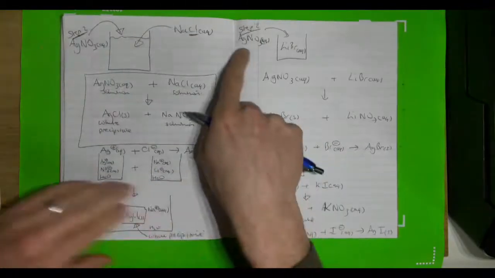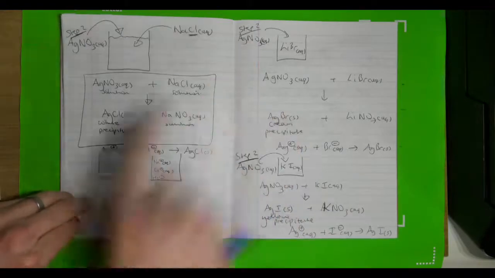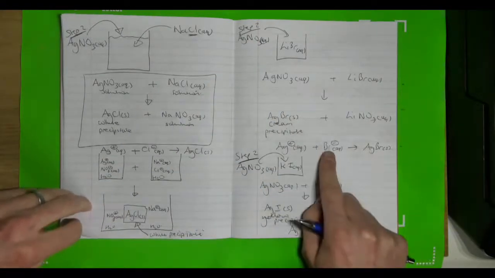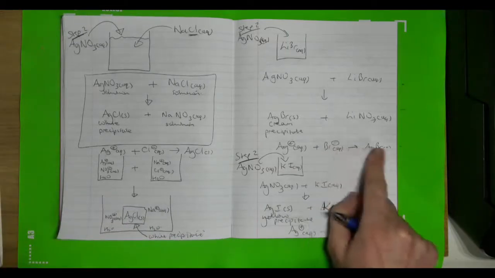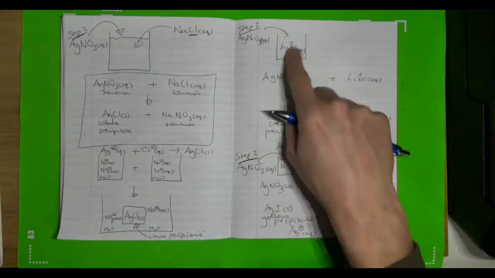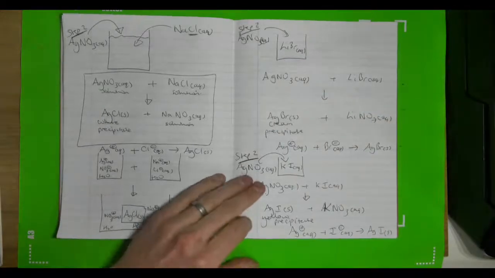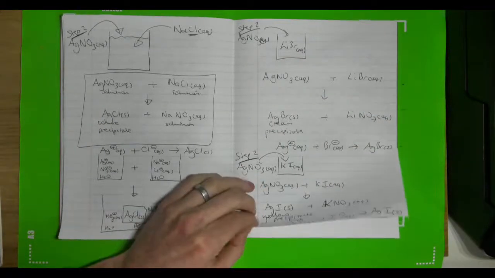Once these are reacted away, I would add some silver nitrate solution, and if the precipitate was cream, then I know that I've made silver bromide. Therefore, I must have had bromide ions in my original sample. Okay, so that's what you would say if you were writing the method.